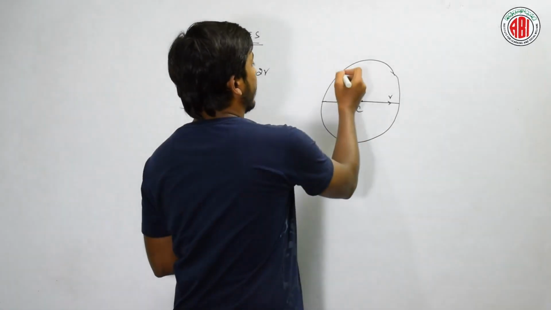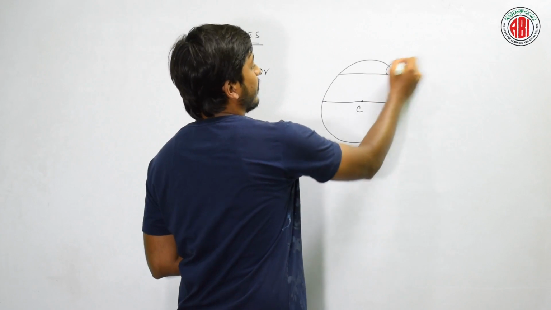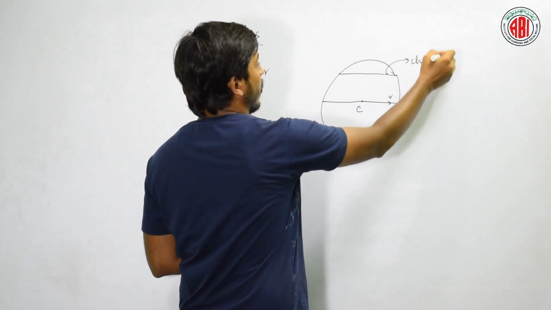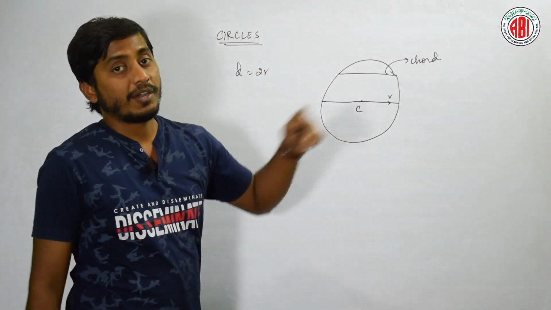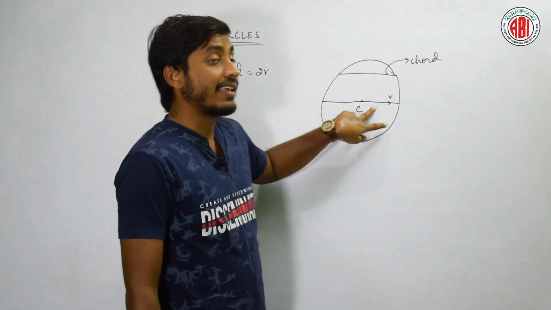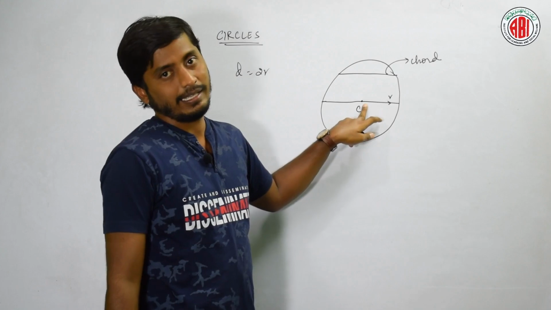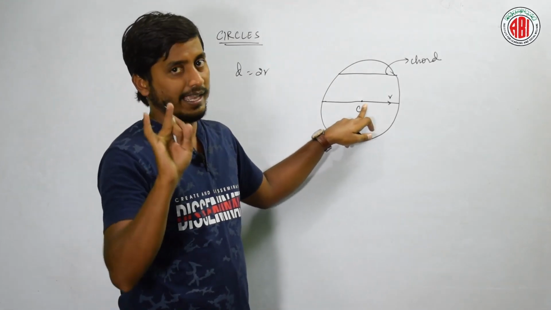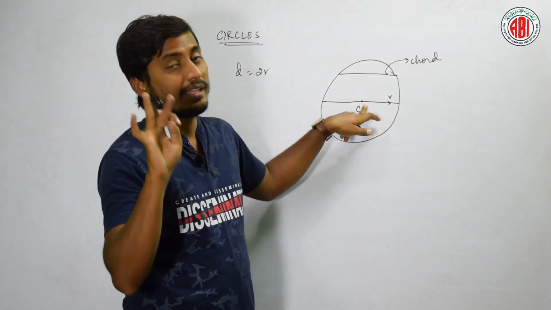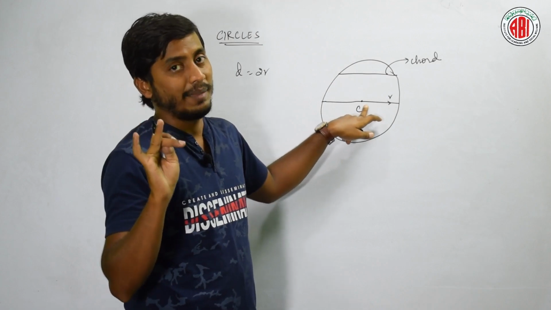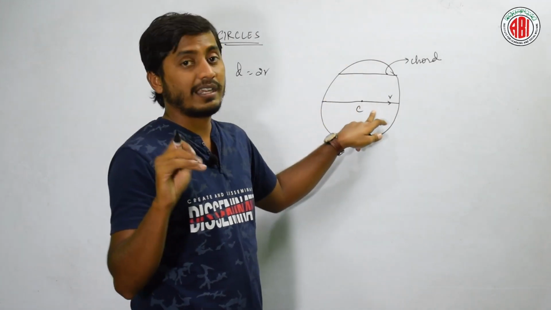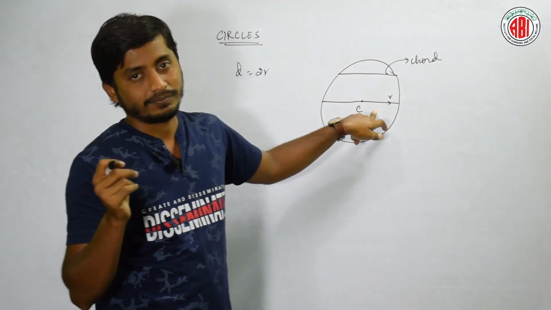There is one more line segment inside the circle, called a chord. From that we can tell that a diameter is the largest chord, because it passes through the center. Radius, diameter, chord. The largest chord is the diameter, and a chord which passes through the center is also a diameter.